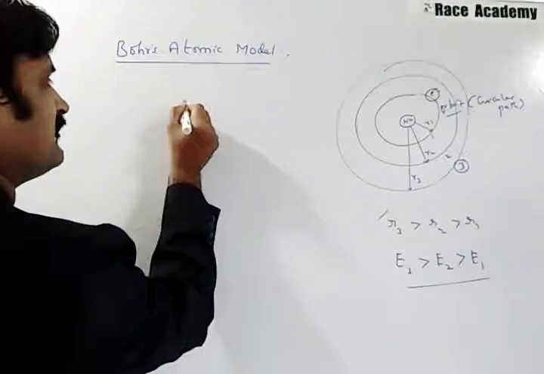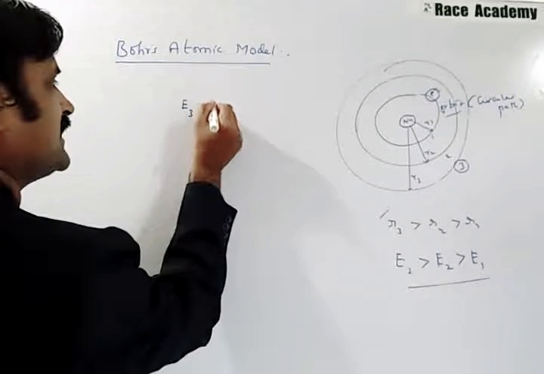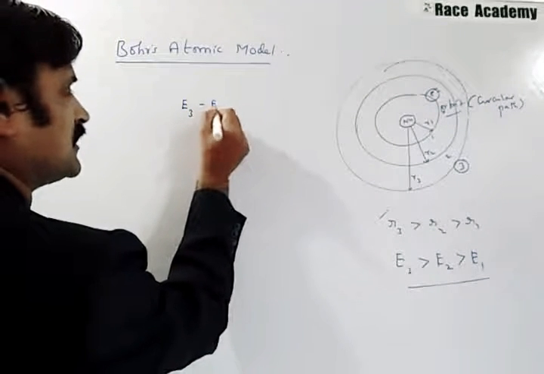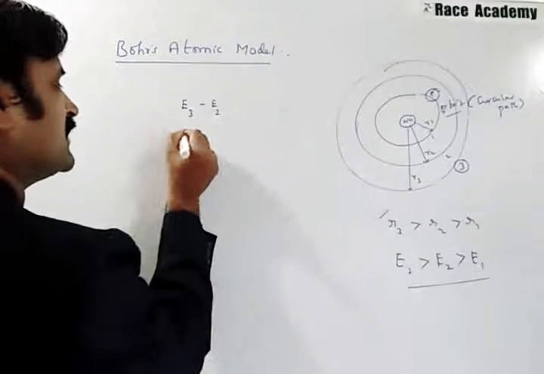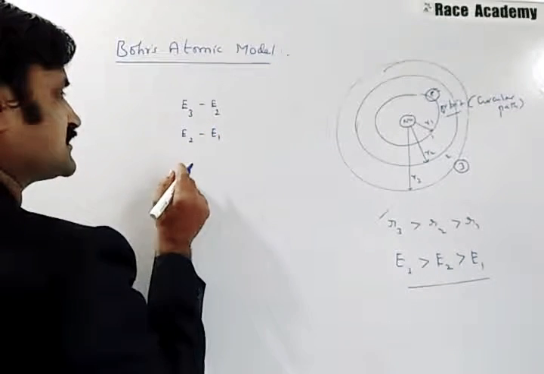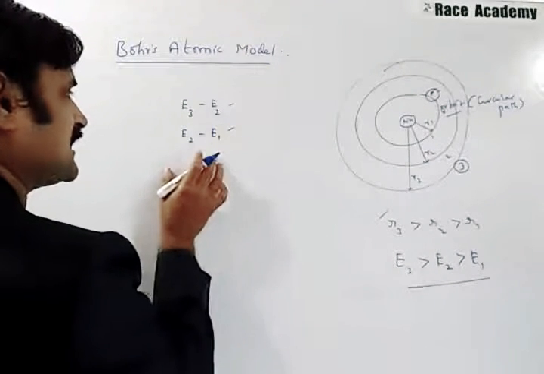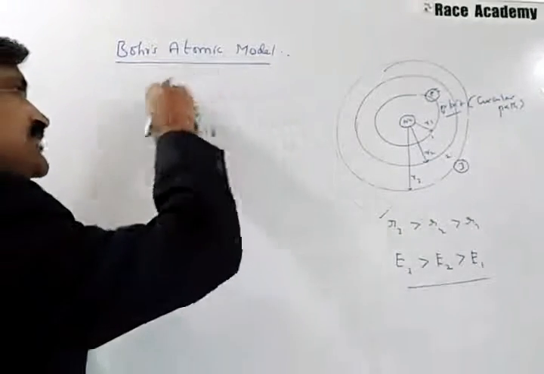When E3 is greater than E2 and E1, we can find E3 minus E2, or we can find E2 minus E1. These are the differences in the energies of the orbits.